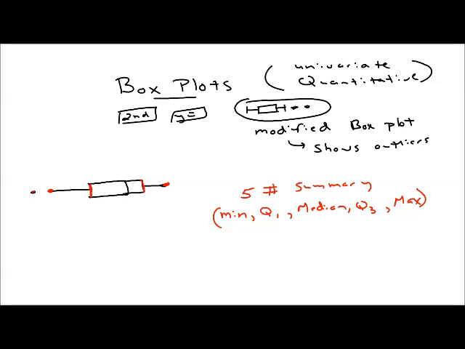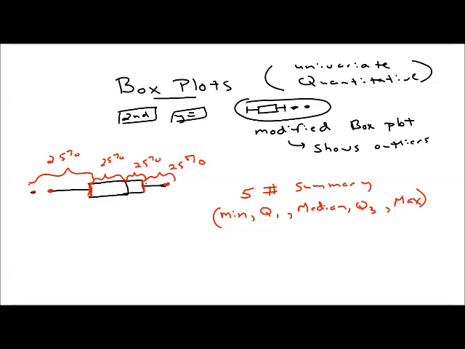From your lowest value all the way to Q1 is 25% of your data, a quarter. From Q1 to your median is 25% of your data. Doesn't matter how long it is, it's 25%. From your median to Q3 is 25%, and from Q3 to your upper value, whether or not it's an outlier, is 25%. And then here's your 4 quarters.